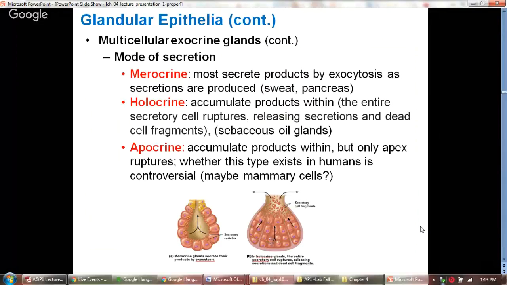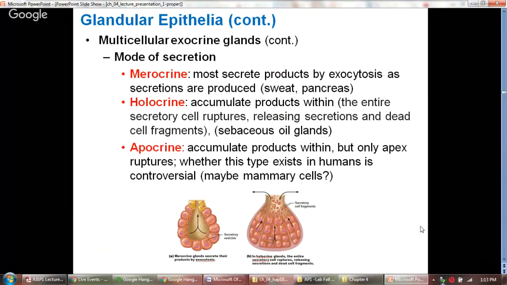The holocrine glands accumulate products within the gland itself. The entire secretory cell can rupture and release its secretions and its fragments. Examples would be the sebaceous oil glands.